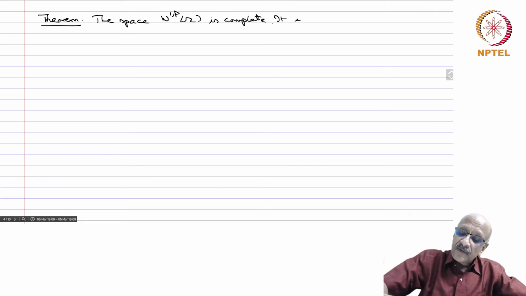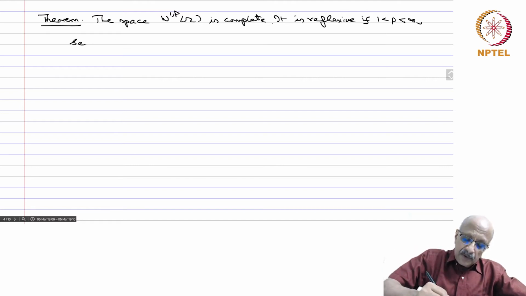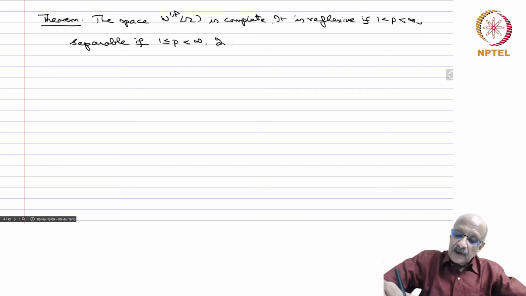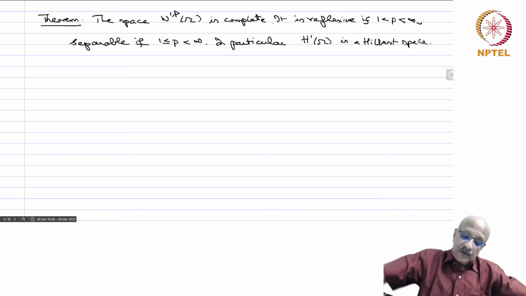It is reflexive if 1 < p < ∞, separable if 1 ≤ p < ∞. In particular, H¹(Ω) is a Hilbert space because it's a complete inner product space.